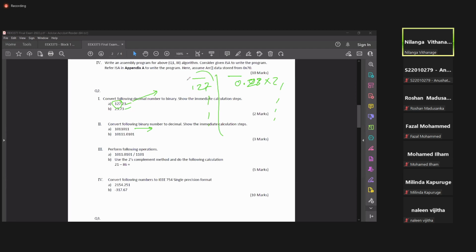These are the intermediate steps. You have to mention all these intermediate steps to get full marks. Then you have to put the final answer as well.